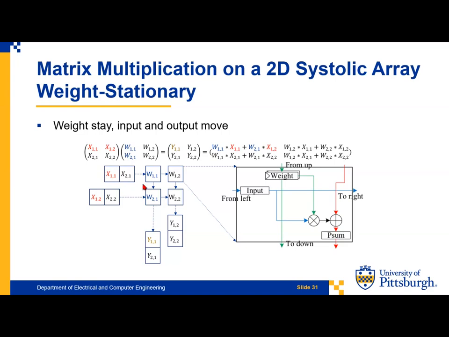For example, for the x11, in the second cycle, the x11 will be multiplied by the w11 and propagate the result, the w11 times x11, to the next processing element, and add with the x12 times the w21 and output the final result. Yeah, this is the flow for the weight stationary.